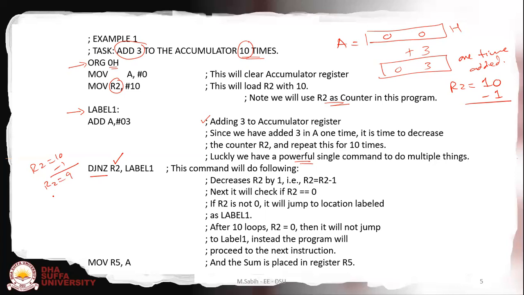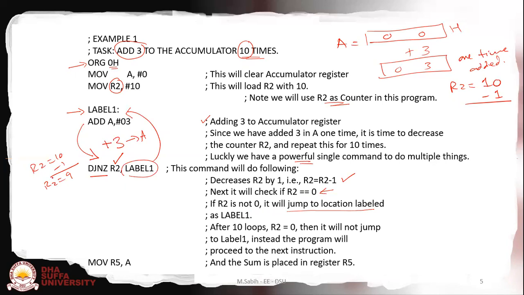Then it will check whether R2 equals 0 or not. Since R2 is not equal to 0, it will jump to label 1, which is here. It will jump again here and keep doing this: add 3 to the accumulator.